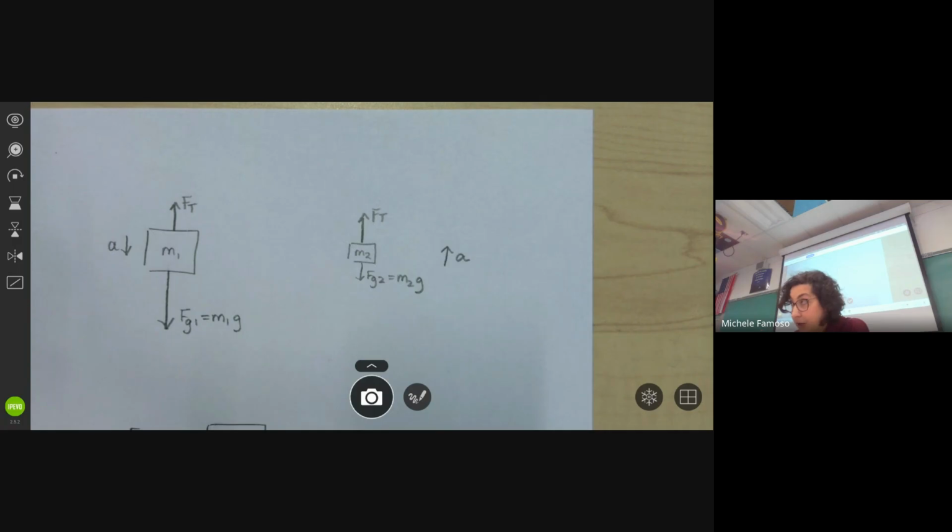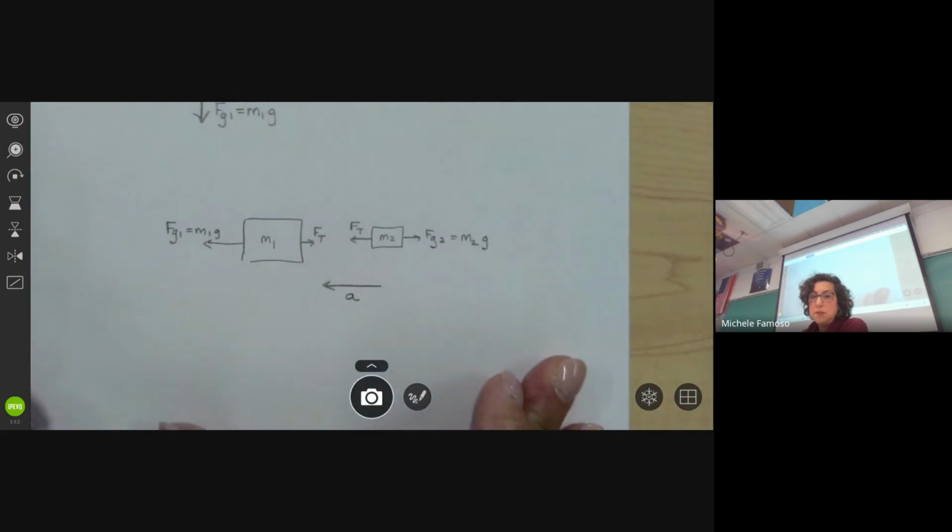I'm going to show you another way to do this, and this was described in one of the videos in AP Classroom that I asked you to watch for the last unit. There's that tension, and there is FG2, which is M2G. We know the whole system is accelerating that way. See what I just did? Okay. Everybody follow what I'm doing?